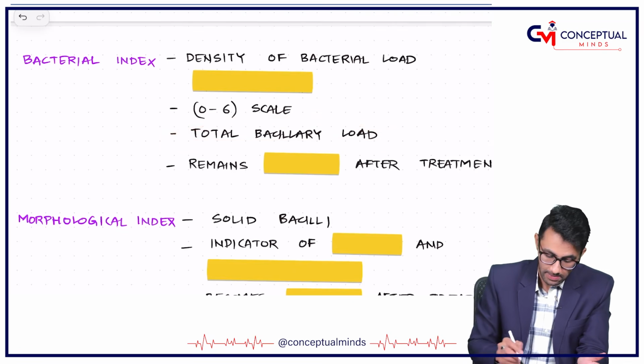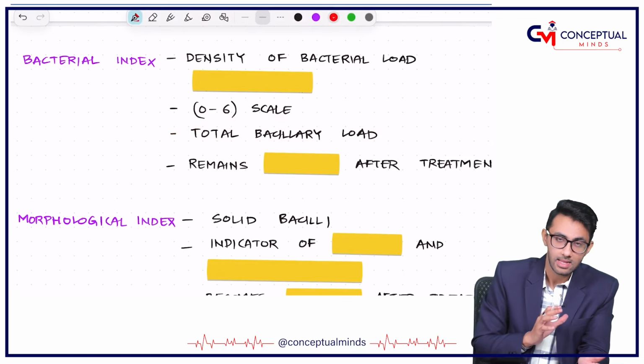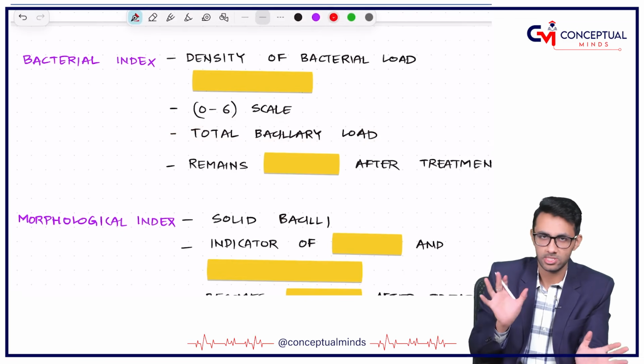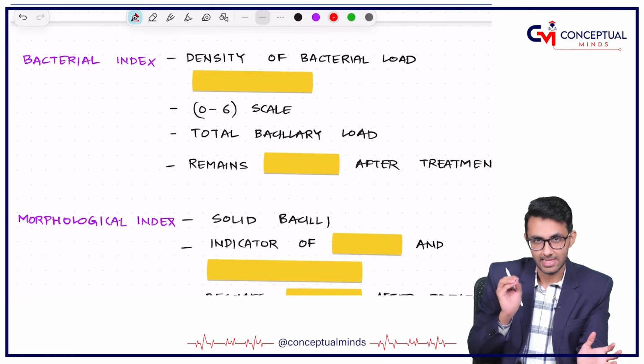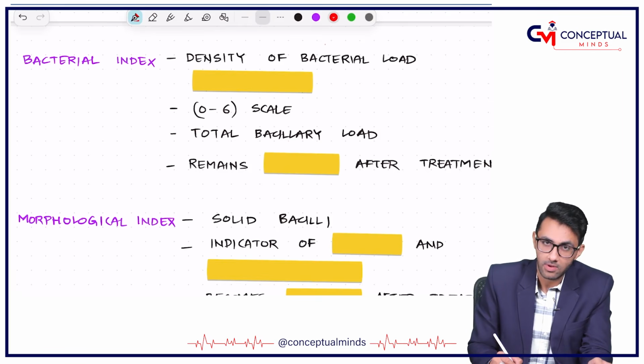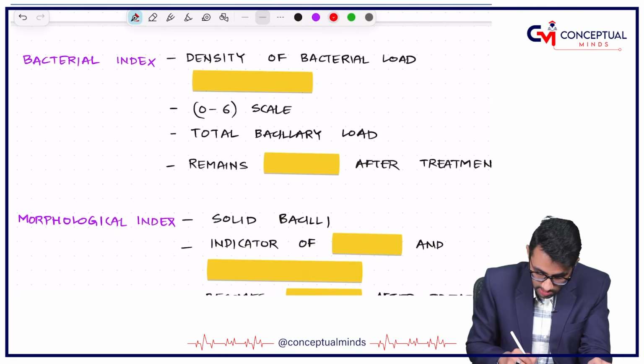So what I'll be taking into account is the live as well as dead, right? Because I want to know the total count. I did not mention anything else, I just mentioned the total bacillary load. What we are going to do is this bacterial index. It includes the live plus the dead form.